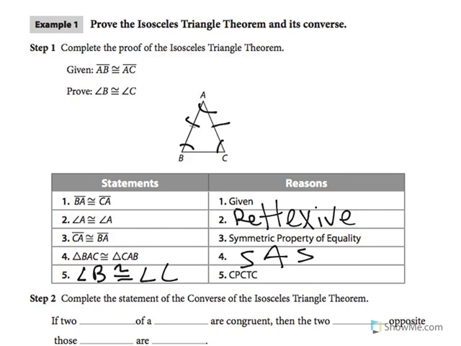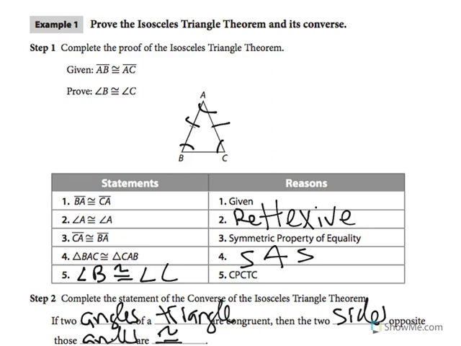So we say that if two angles of a triangle are congruent, then the two sides opposite those angles are congruent.